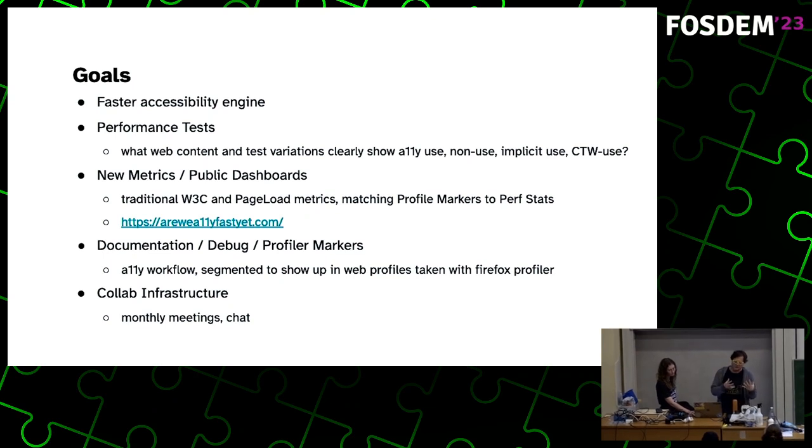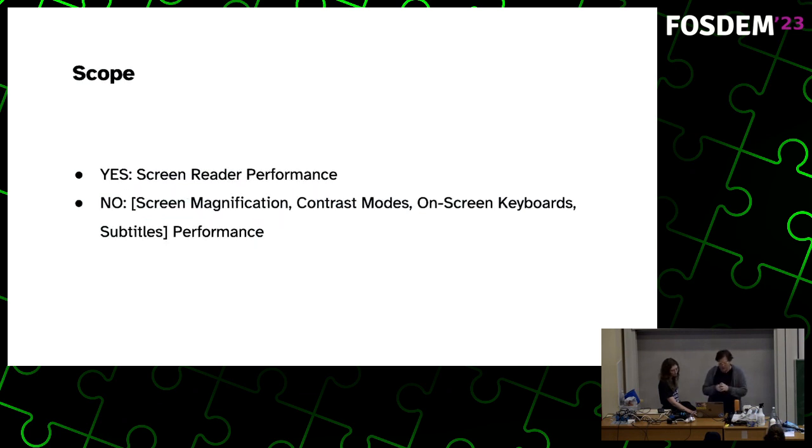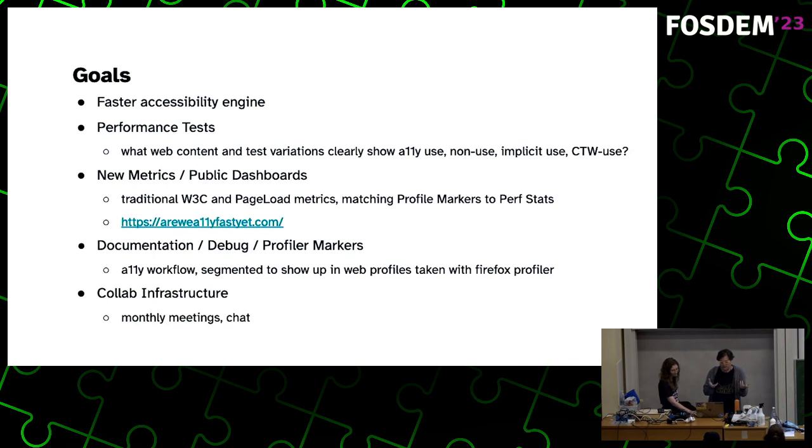The more we change our internal infrastructures, we want to be able to make sure that we can catch problems. We also wanted to establish some accessibility metrics, and we want to work in public with public dashboards that show the kind of performance that we're getting.